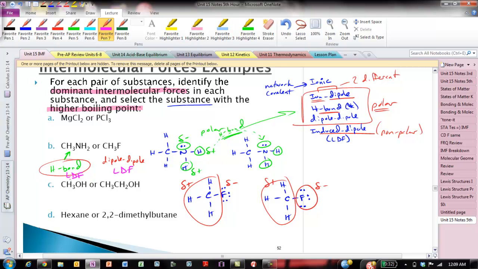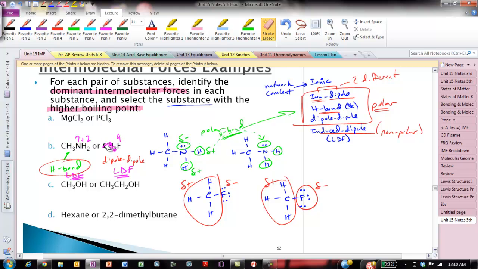Some LDFs can be stronger than others, and what you look at for this is the number of electrons involved. If we're counting up total number of electrons, both of these have a CH3, so I'm going to cross those out. And look, nitrogen has 7 electrons plus 2, so that's 9. And fluorine also has 9. So their LDFs are equal.